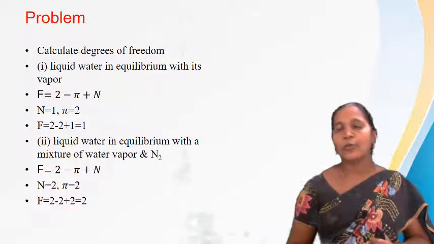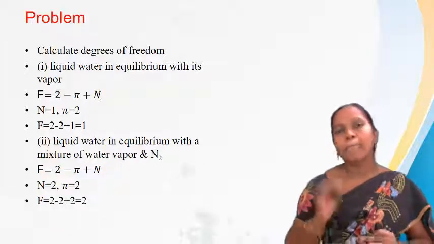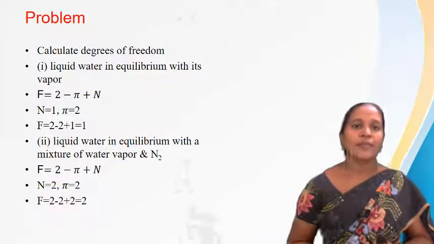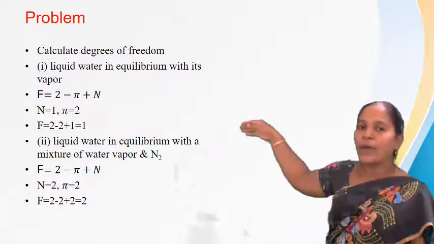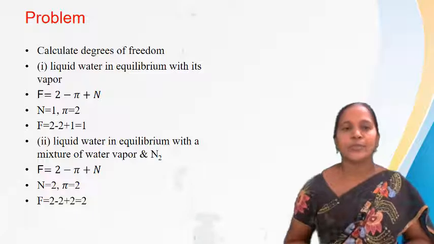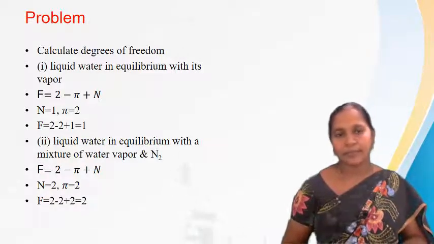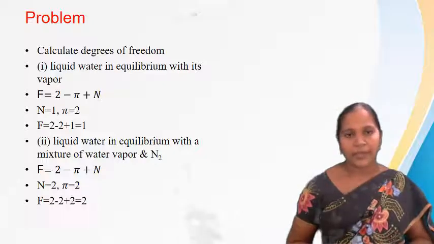F equals 2 minus pi plus n. Here n equals 1 and pi equals 2. Therefore, f equals 2 minus 2 plus 1, which equals 1. If f equals 1, the system is a univariant system.